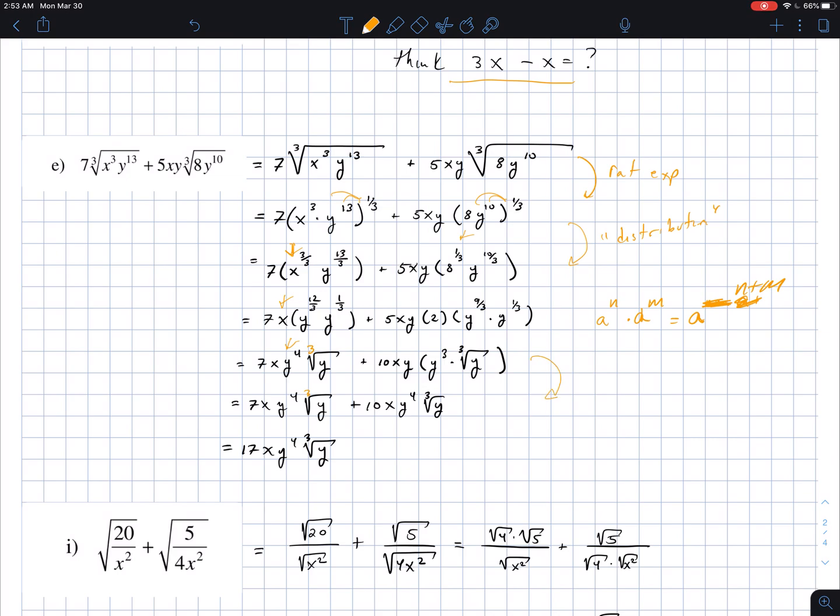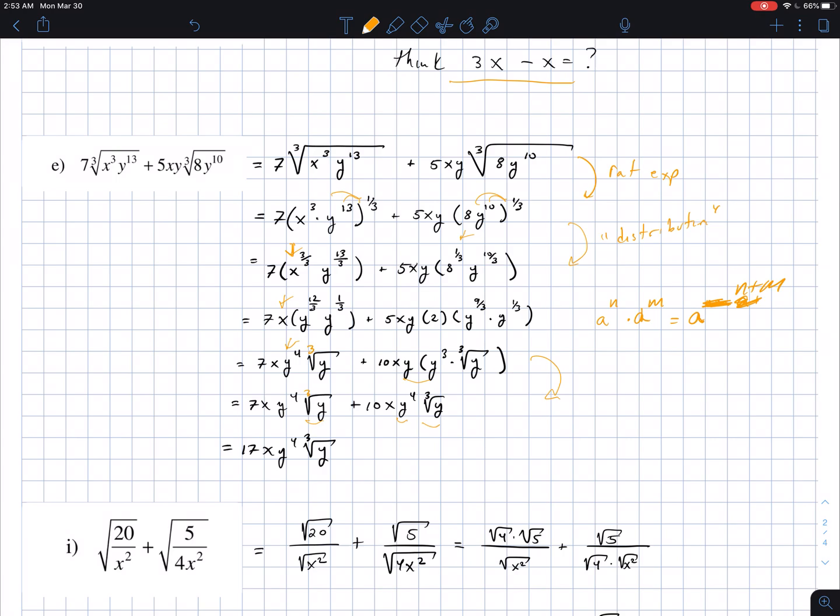So then what we did was I put everything back into radical form and simplified. You can see that I combined the y and the y cubed to give me y to the fourth. I still have the cubed root of y on both.